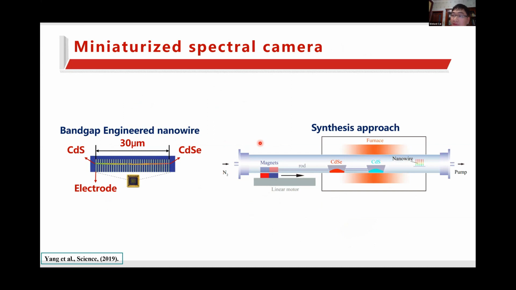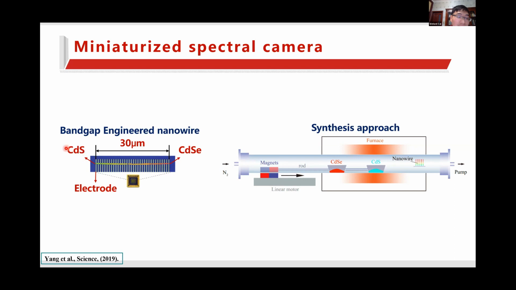Another approach is to build an array of miniaturized spectrometers. This is work we collaborated on with Cambridge University. We fabricated a nanowire which can be used for a spectrometer. This is a compositionally gradient nanowire.